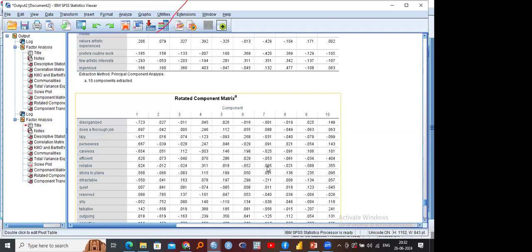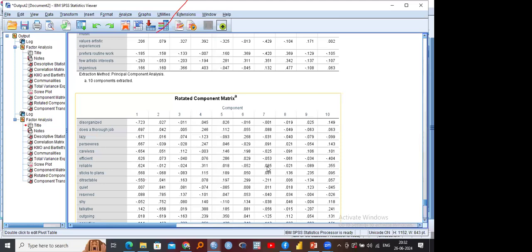All the variables that were going into component 1 have come together. Disorganized, does a thorough job, lazy, careless, efficient, reliable, all of them have come together.